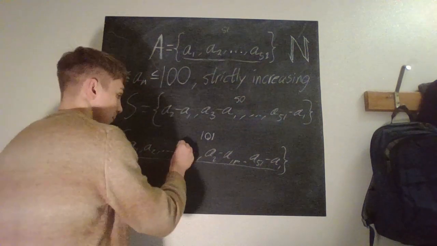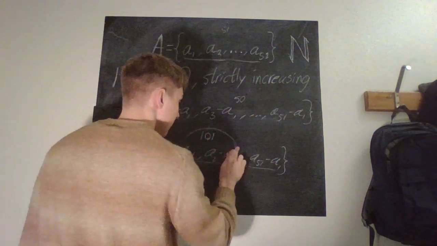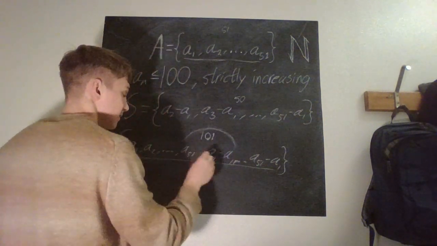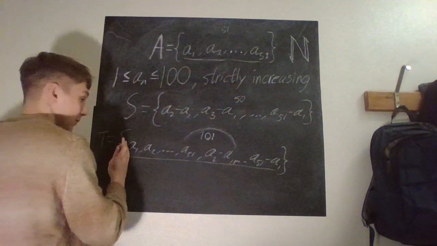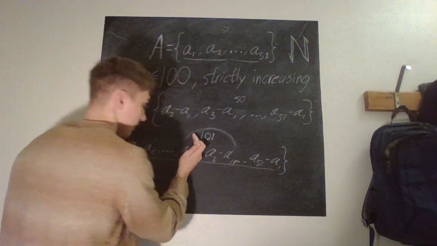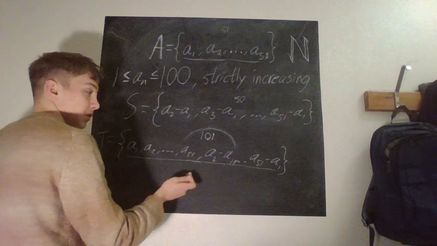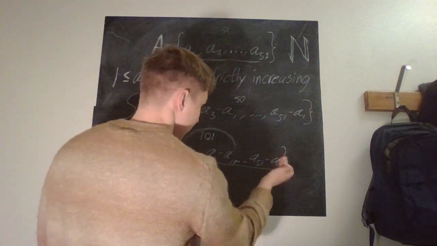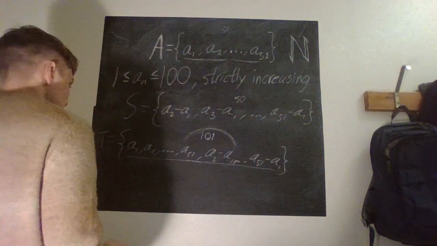Therefore, there has to be a pair in between these parts, meaning that there is an element in the first 51 that is equal to an element in the last 50.